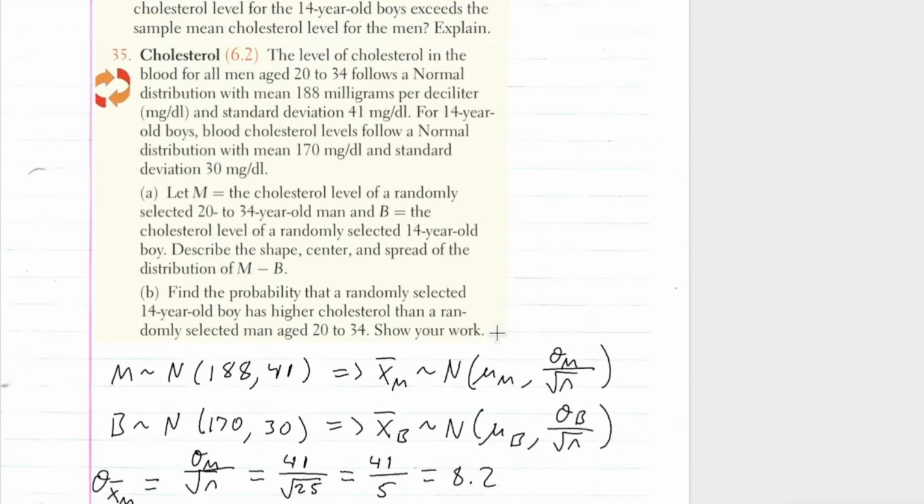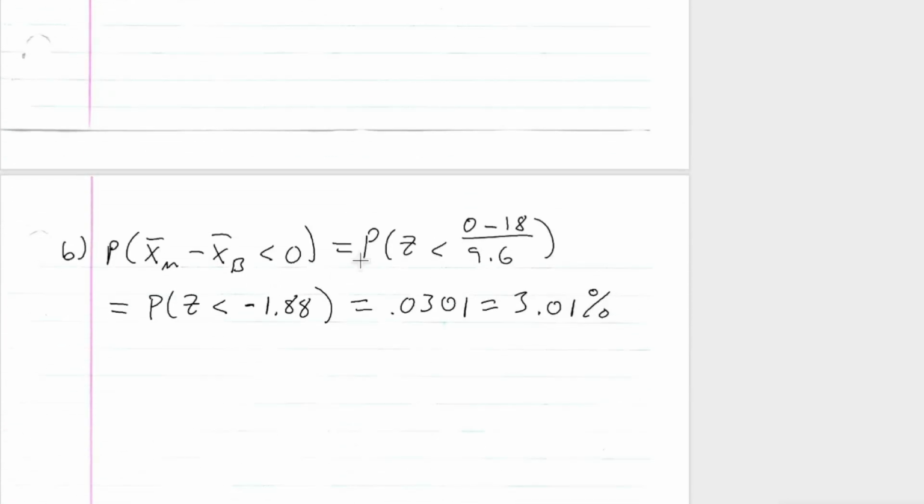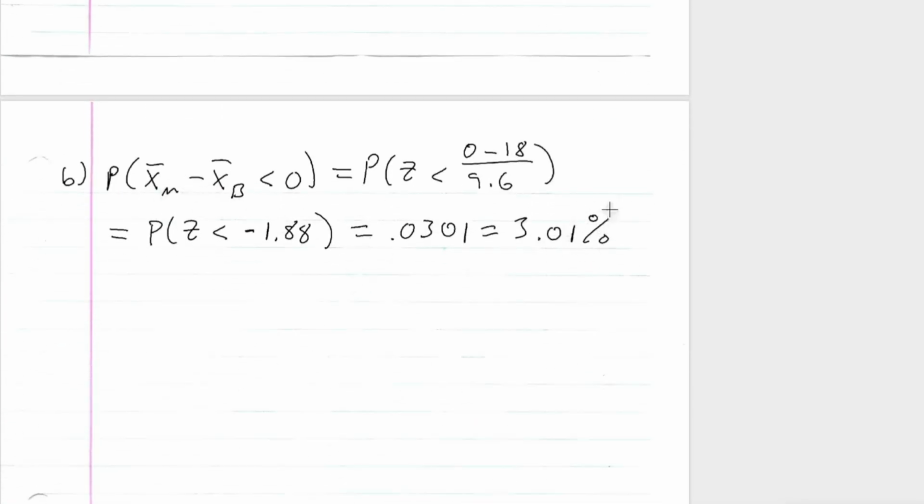So part C is, should we be surprised if the sample mean cholesterol level for the 14-year-old boys exceeds the sample mean cholesterol level for the men? Yes, because the probability of that happening is only 3%.